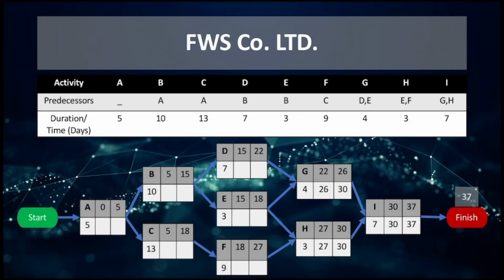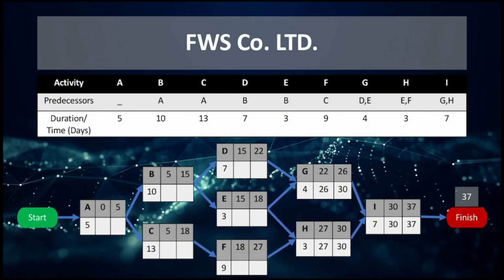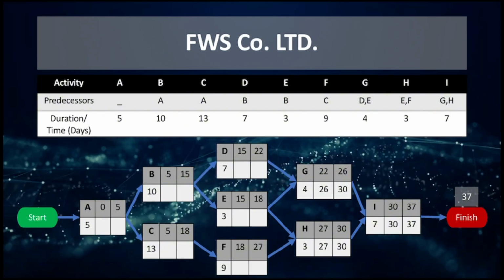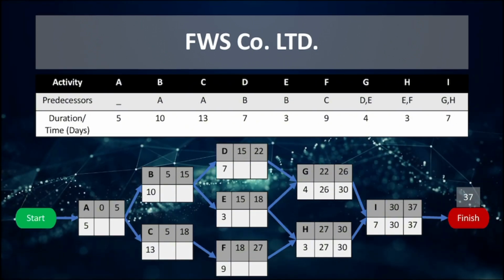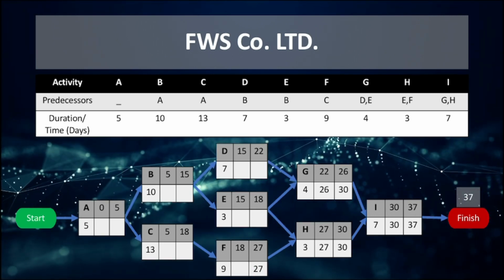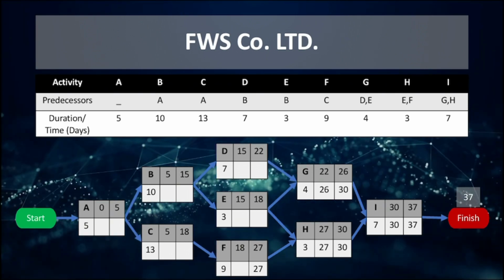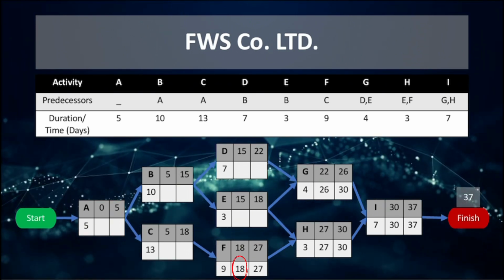F has only one successor, H. The latest finish time for F is the latest start time of H, which is 27, and the latest start time of F will be 27 subtracted by the activity time of 9, which is equal to 18.